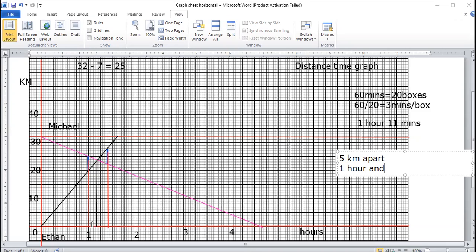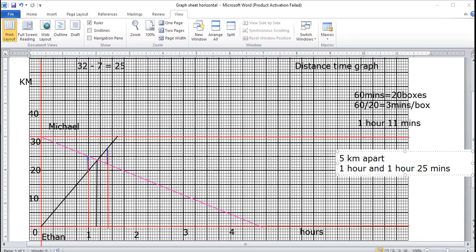So see how many boxes I have got. From 1 to this one, 5 means 15 boxes. Then 1 more box, 18 boxes. 1 more box, so 15, 18, 20, 24, 25. According to my working, it is coming to 1 hour and 25 minutes.